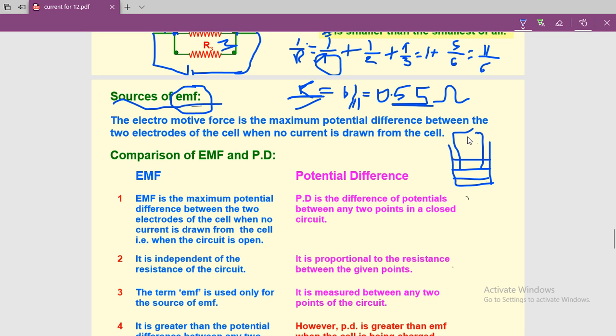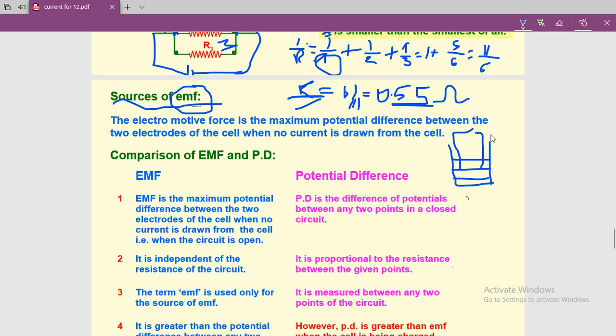It means there should be no current drawn from the cell. In that case, the potential difference across the two terminals of the cell is found to be maximum, and that maximum potential difference across the two terminals of the cell is known as electromotive force.